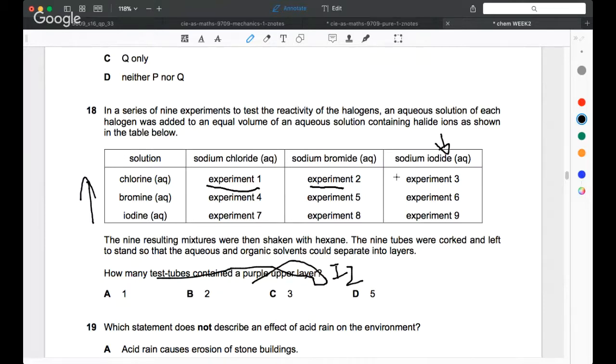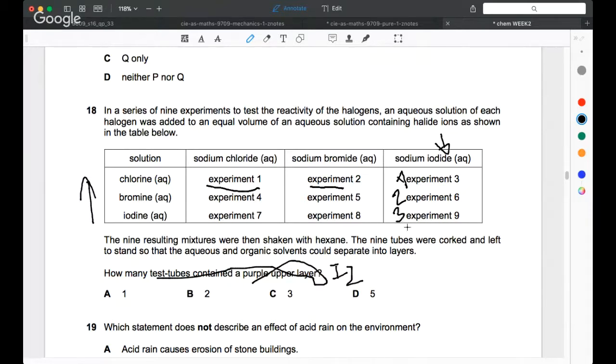So that's one here, and then bromine would replace. So that's two. The iodine wouldn't replace, and it doesn't really matter even if it did. So what's the answer?